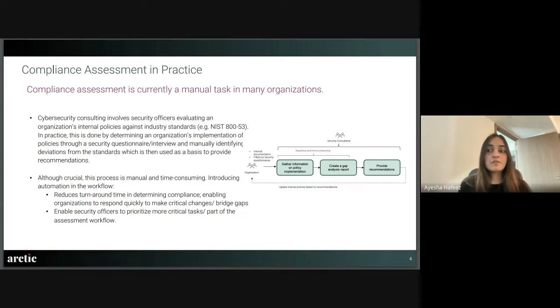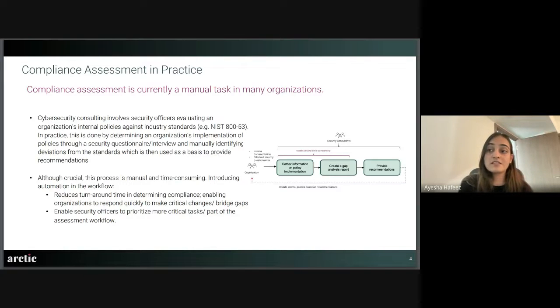The problem at hand was that in cybersecurity consulting, a lot of organizations need to bring their IT systems and internal policies into compliance against certain security standards like the NIST 800-53, which is based in the US.